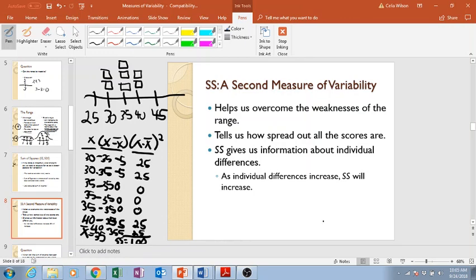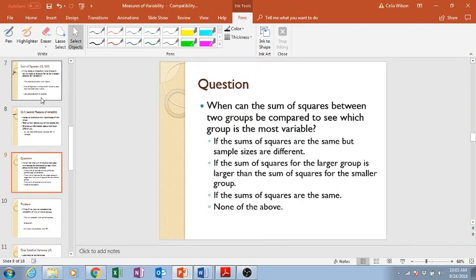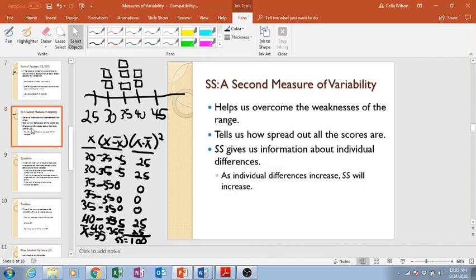Okay. So that sum of squares is equal to 100. Okay, so 100 is an indication of how spread out these scores are. All right, we took into account every score. What are scores at the mean contributing to our sum of squares?